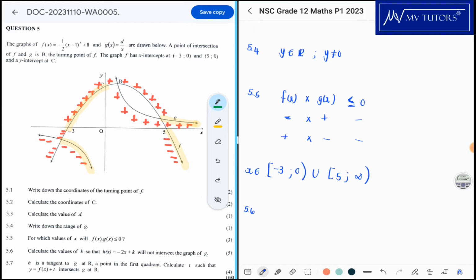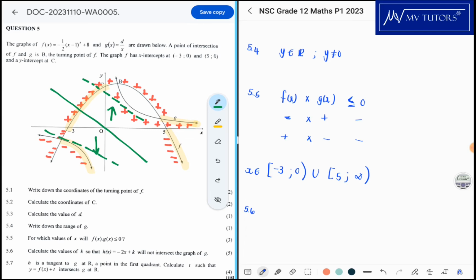Let me just put there h is equal to negative 2x before shifting it up or down. Now they're saying it mustn't intersect the graph of g. So k can move all the way up until it barely touches g, or you can move it down. So k can be positive moving up or negative moving down, okay? But it's not allowed to touch g.